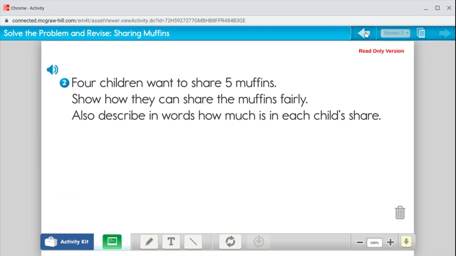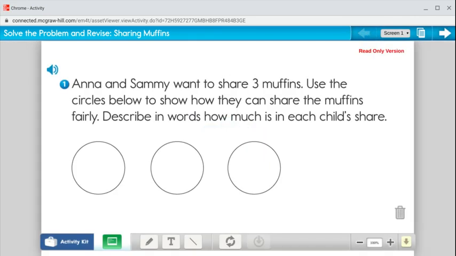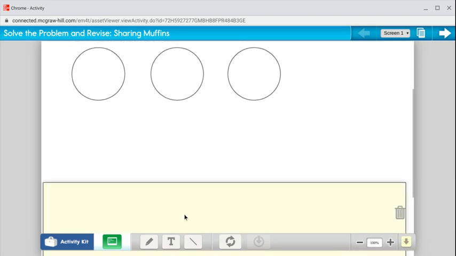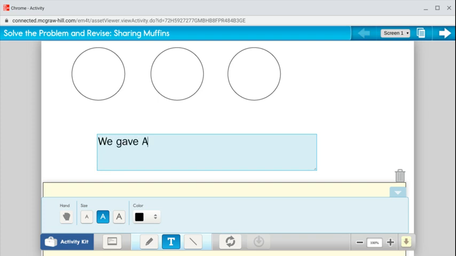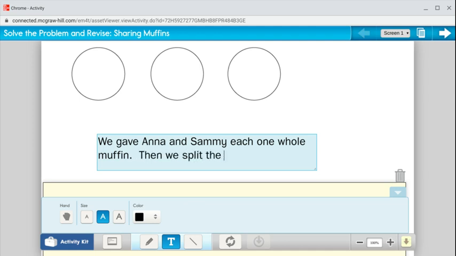Right? So one part that we need to come back to for this one, even though our drawings are gone, is we need to give a little bit of information of exactly what we did here. Okay, so we can say that we gave Anna and Sammy each 1 whole muffin. Then we split the 3rd muffin into 2 equal parts.